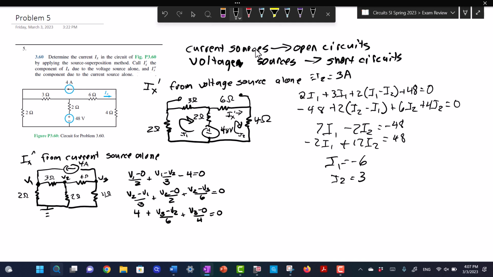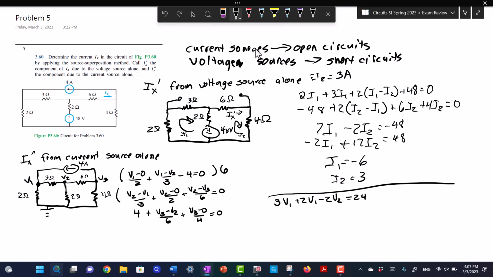And I will multiply this top equation by 6 to get rid of the denominators. When I do that, I get 3V1 plus 2V1 minus 2V2, and then it'd be minus 24 if I take it to the other side, equals 24.